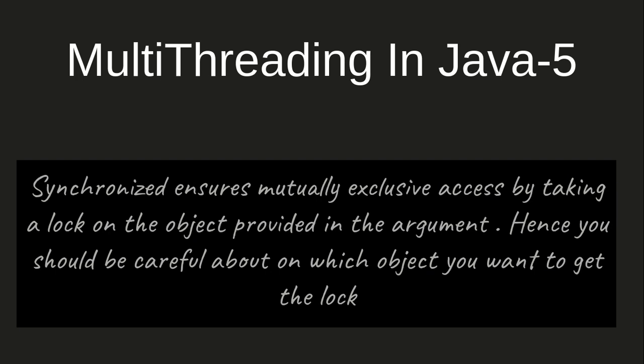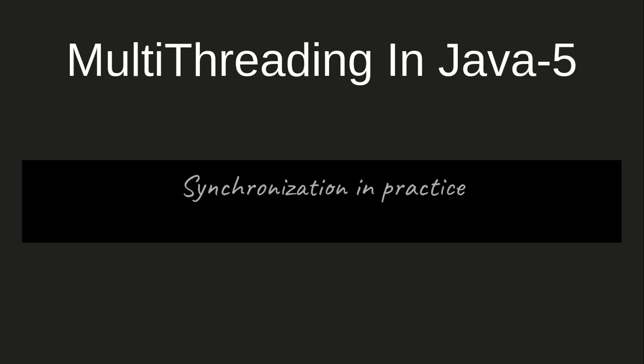If you pick the wrong variables to lock on, your code might suffer in terms of performance. You could have optimized your code much better, but just to make sure that a particular part of code is mutually exclusive, you end up making the whole code perform slower. Now let us see a demo of how synchronization actually works and whether it will solve the problem of race conditions or not.